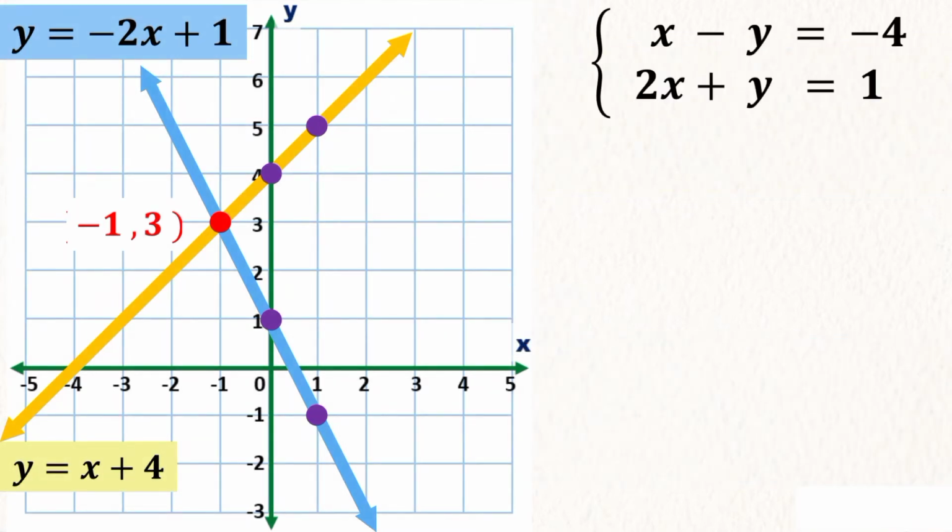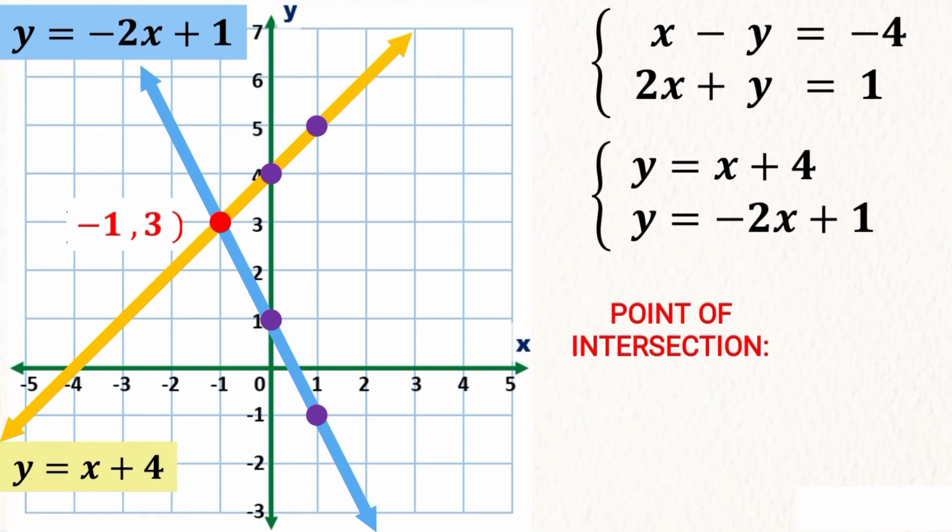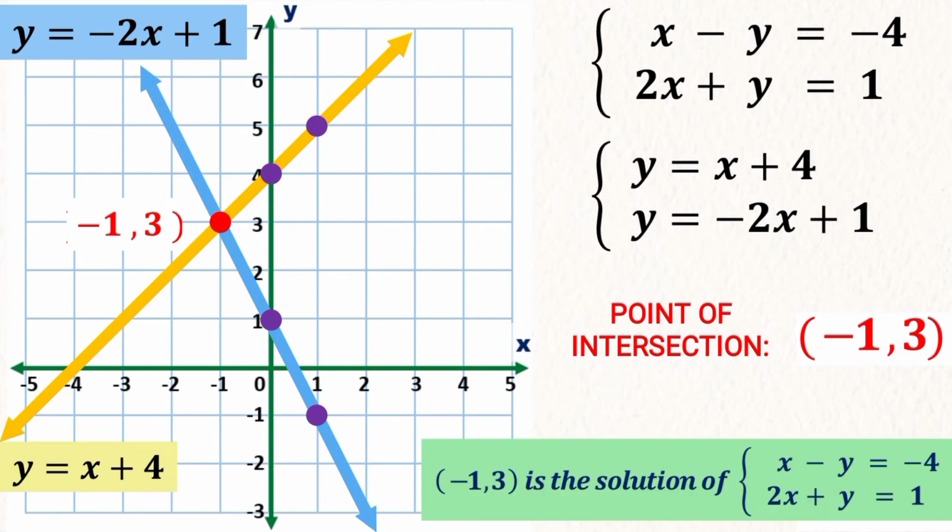So as a recall, the point of intersection in the first example is negative 1, positive 3. It means this is the solution of the given system of linear equations. And this is the kind of consistent and independent equations with only one solution, and the graph of the lines are intersecting.